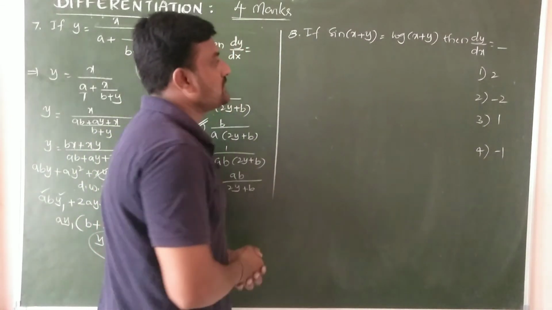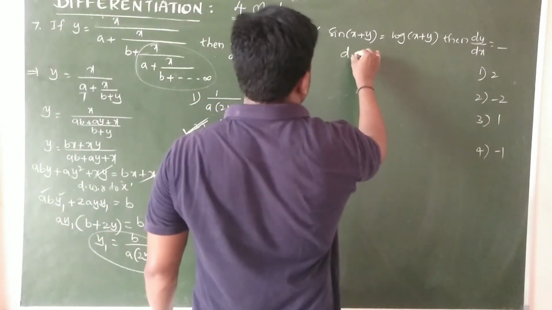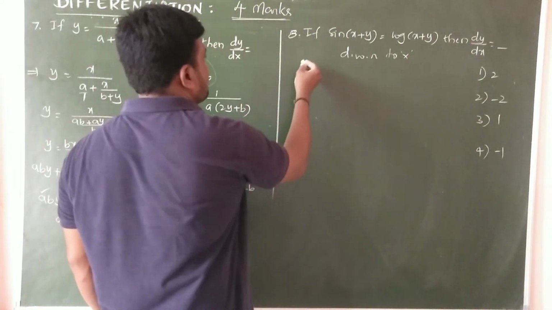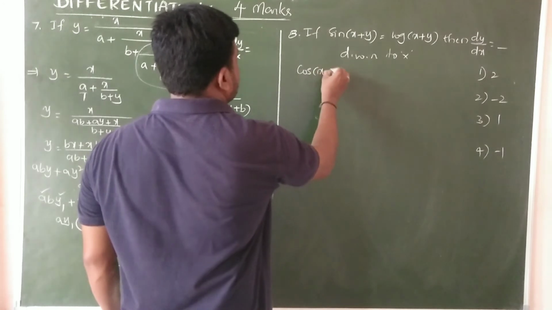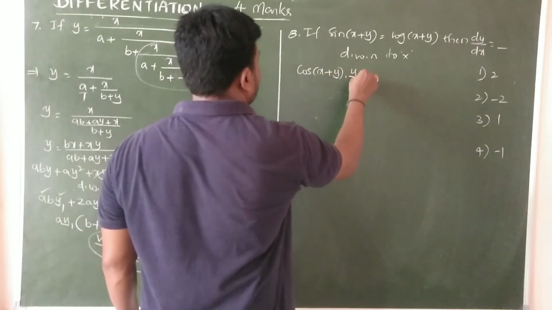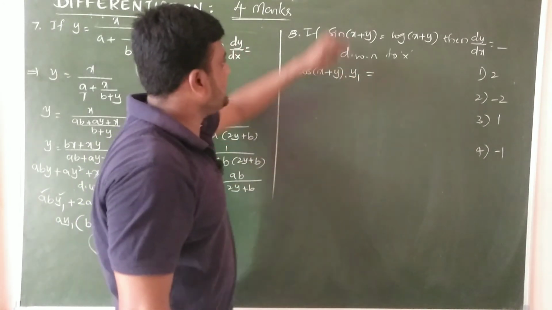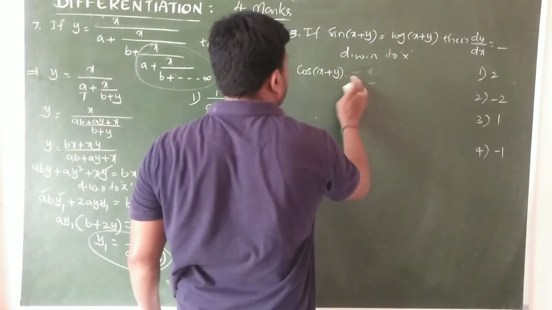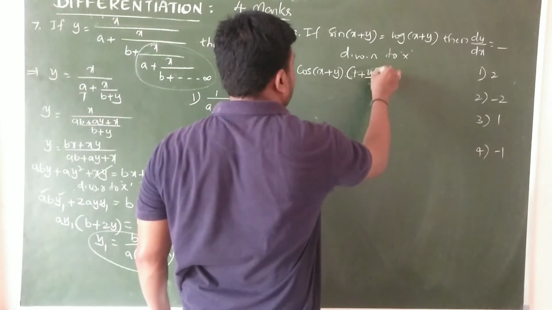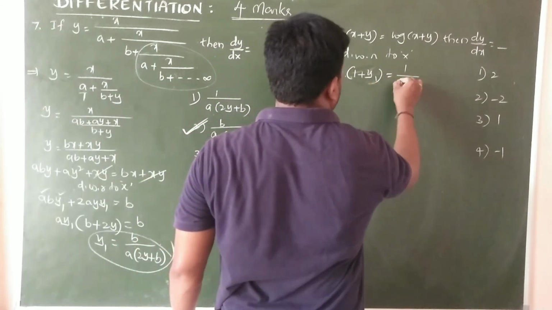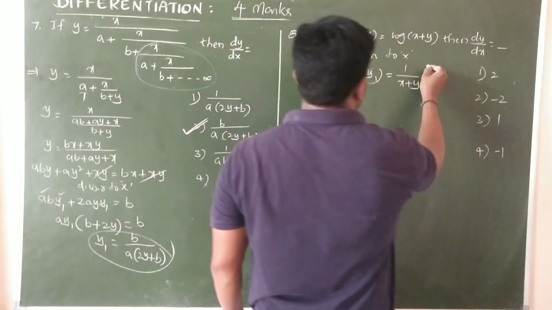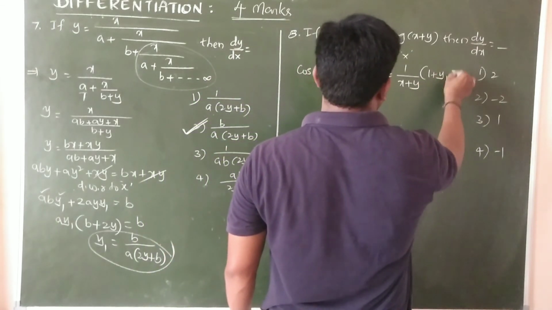Now here also, differentiating with respect to x on both sides, then we will get cos of x plus y into y1 equals sin differentiation, which is cos of x plus y, differentiation is not only y1, 1 plus y1. Okay, now here 1 by x plus y into 1 plus y1.